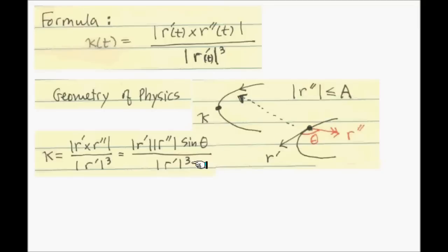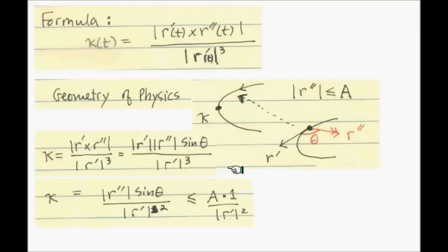If you cancel those common factors, we get the following: kappa equals the magnitude of acceleration times sine theta and so on. We're thinking about the situation where we're about to make this turn, and this vehicle has limitations. The magnitude of acceleration this vehicle can generate is, let's say, capital A, and that's the limitation.